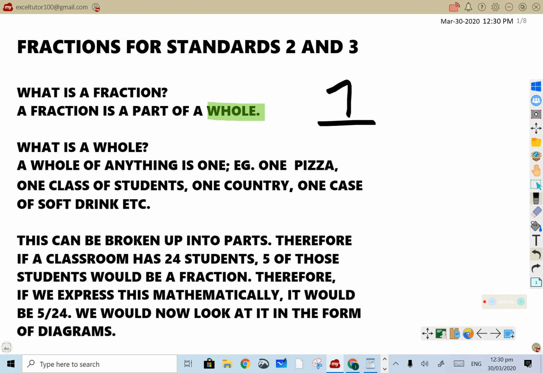Okay, so it could be one pizza, it could be one classroom, a class of students, it could be one country, one case of soft drink, it could be a bag of marbles, it could be almost anything. But one is basically a group of items together.